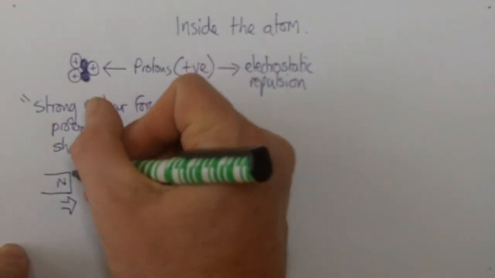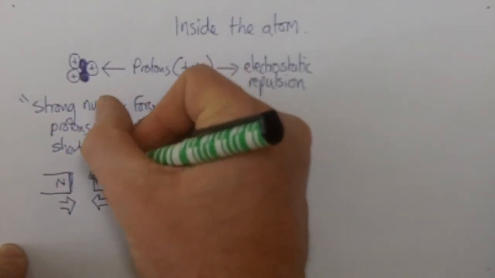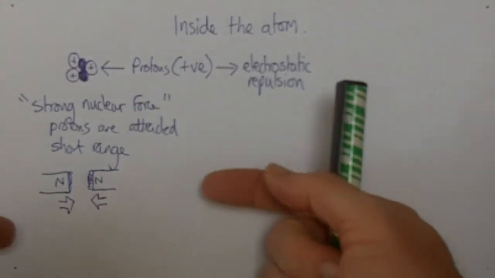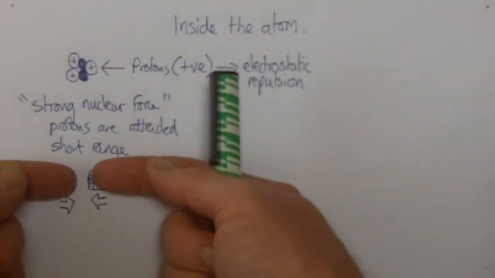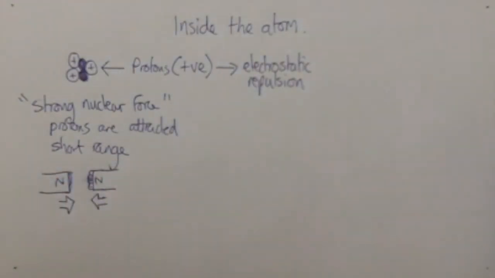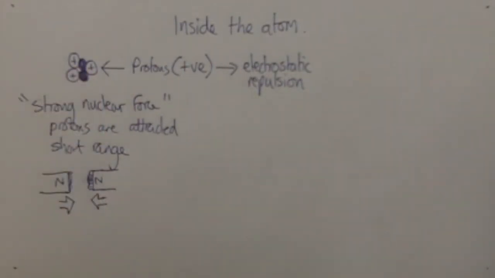So to model the idea of the strong nuclear force, if you imagine covering each magnet in Velcro, you could in fact bring those 2 together, and then when the Velcro engaged, the 2 magnets would actually stick together. So the force of the Velcro is larger than the repulsion force of the 2 magnets in our analogy. So in the atom, the strong nuclear force overcomes the repulsive force of the protons. So that's what keeps the nucleus together.